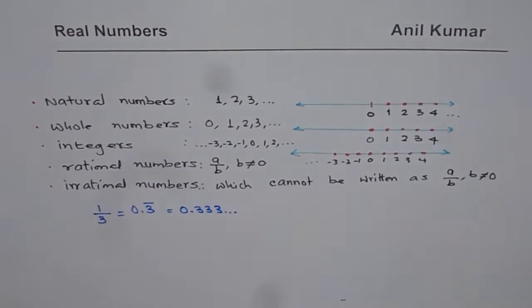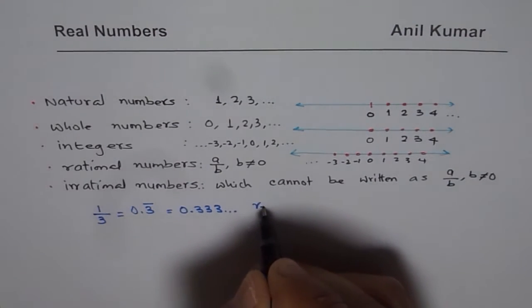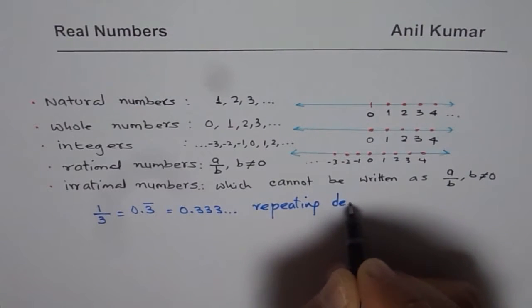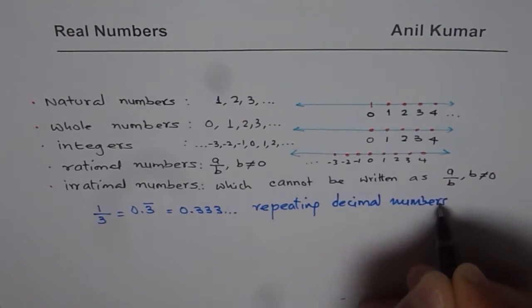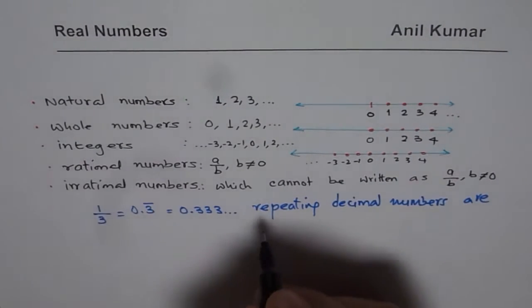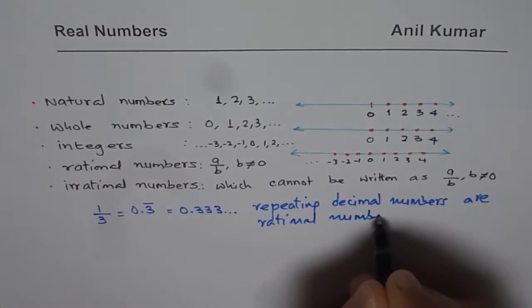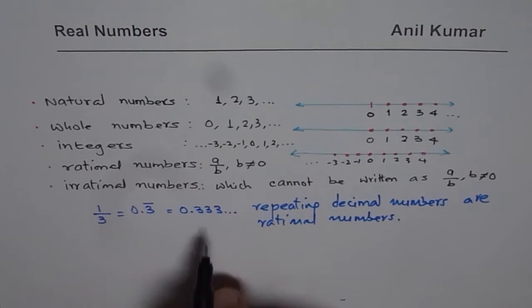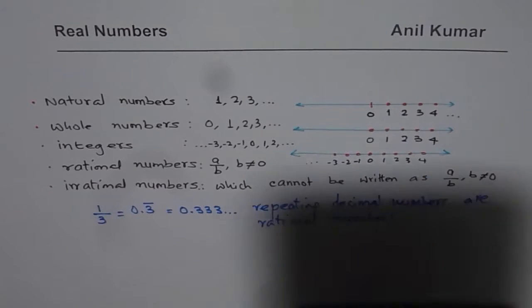So these numbers which are repeating decimal numbers are rational numbers. Right? But if we have numbers which are not repeating decimal numbers, then we have a group which is called irrational numbers. Let me give you an example.